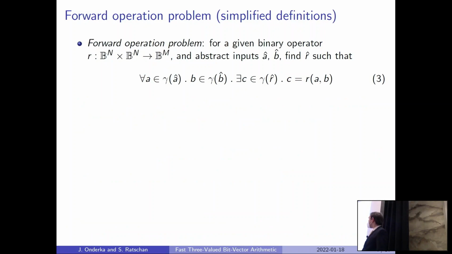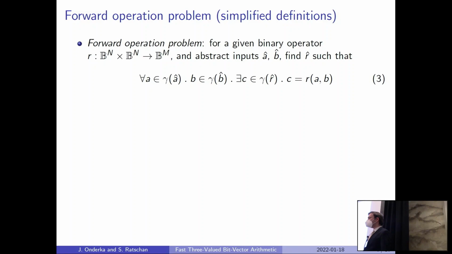Now that we have done all this, we can define the forward operation problem. I will simplify it here. For a given binary operator R, which can be the addition, multiplication, or something other, we have 2 concrete n-bit inputs and a concrete m-bit output.